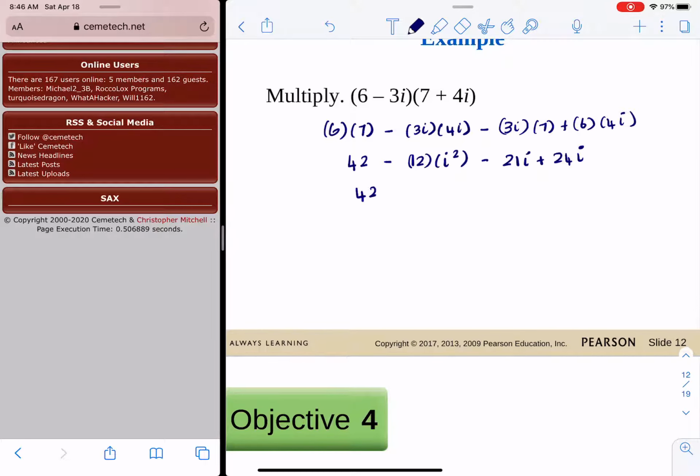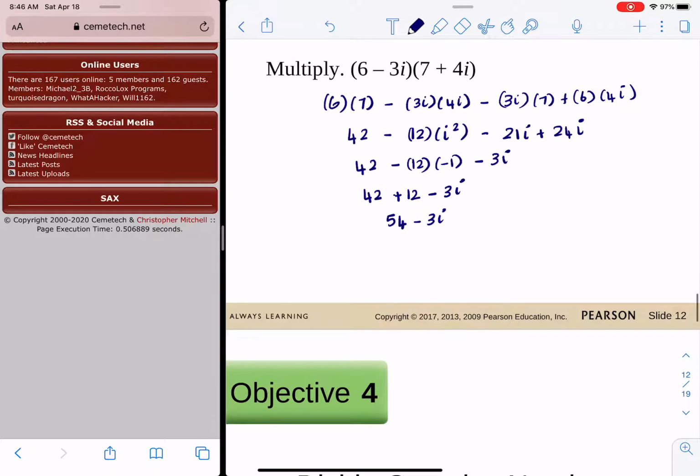So 42 minus 12 times i squared, which is -1. 24i minus 21i is 3i. -12 times -1 is +12. We have 54 minus 3i. We can simplify this because we have 3 as a common factor. So if I pull 3 out, I have 3 times 18 minus i.